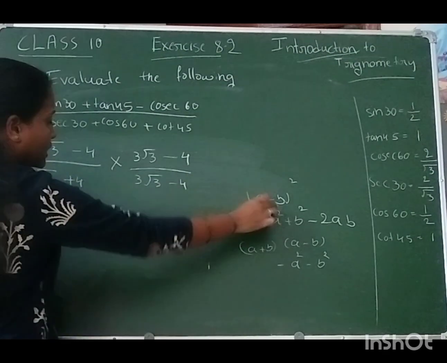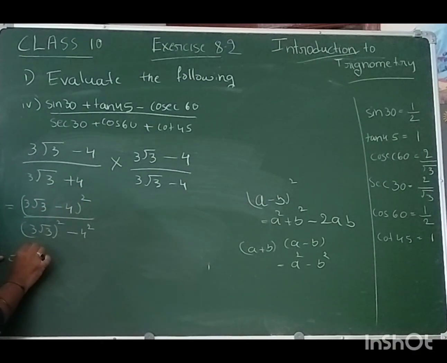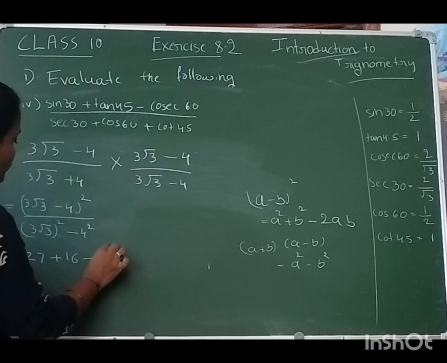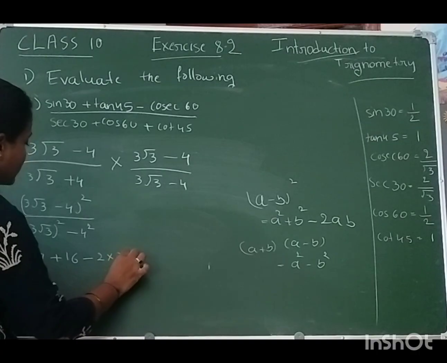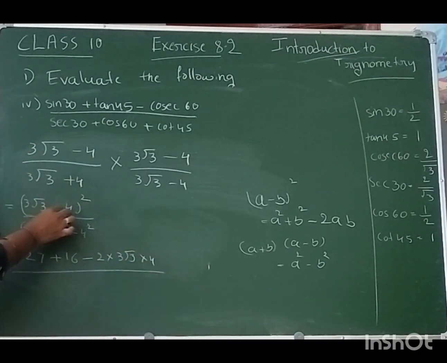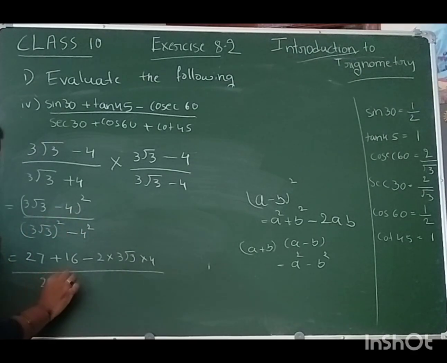Opening the bracket using the identity, we get a square, that is 3 root 3 square, which is 27, and b square, that is 4 square, is 16, minus 2ab, 2 into 3 root 3 into 4, whole divided by 3 root 3 square, which is 27, minus 4 square, which is 16.